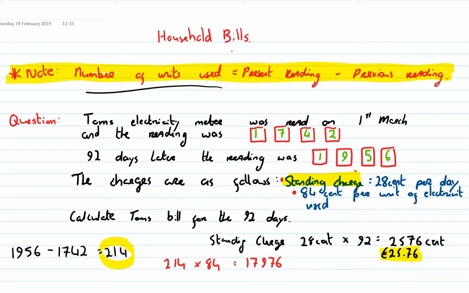Imagine if your parents got a bill of 17,976 cents for 3 months of electricity. They wouldn't be best pleased. So use your common sense there. If you think that might be euros, it's not. It doesn't make sense to have a bill that big. So that's cents. To change it into euros, divide by 100, and we get 179 euros 76 cents. So that's how much we have to pay for the electricity.